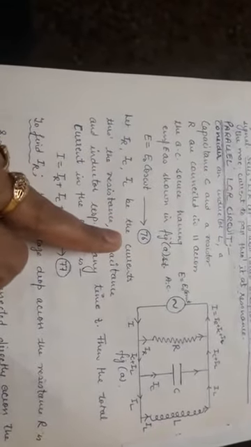Here I want to draw your attention that since in a parallel connection the currents are divided and the voltage remains the same, I am going to use the equation I equal to IR plus IC plus IL. First of all, I wish to find IR. Let the voltage across the resistance R be VR. So VR can be written as IR into R using Ohm's law.